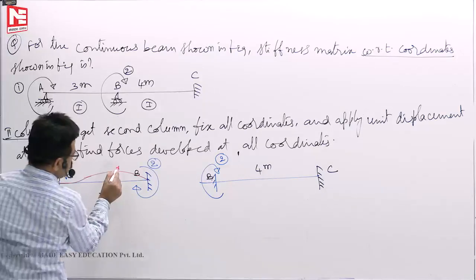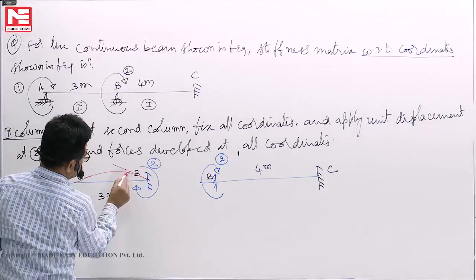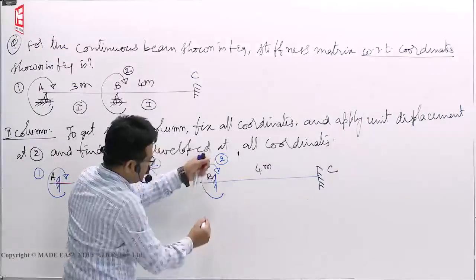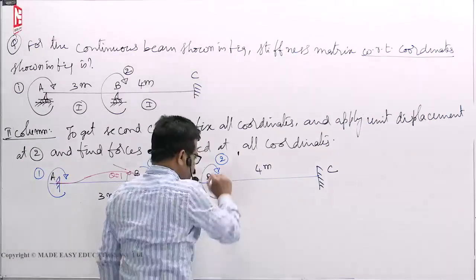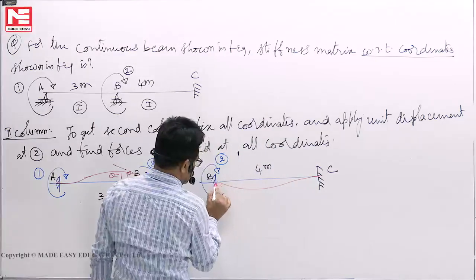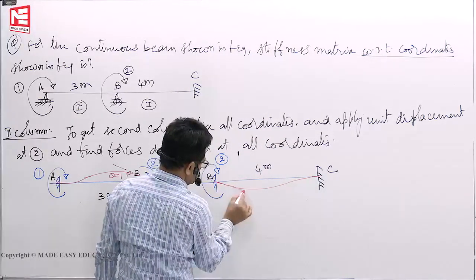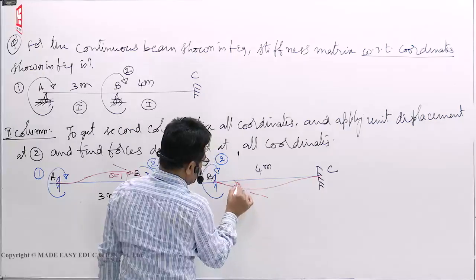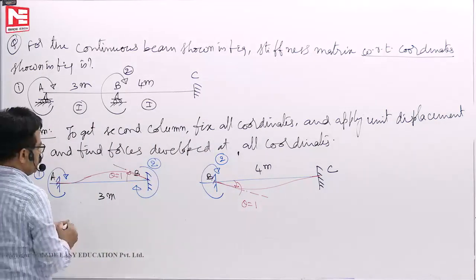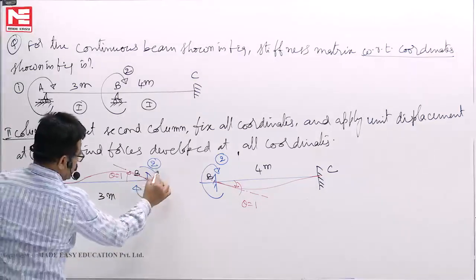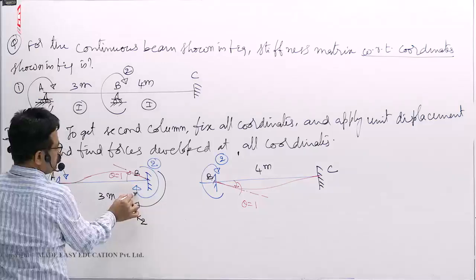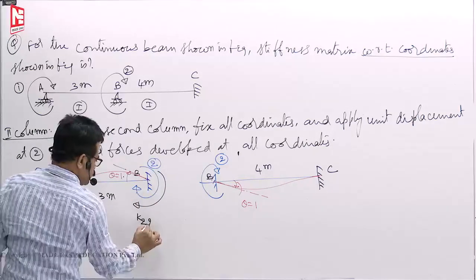I want unit rotation here. Here also 2 is there, I have to rotate it. Then it will deflect like this. So, wherever coordinate 2 is there, you must give unit displacement. Now, for this profile to happen, how much do I have to apply here?